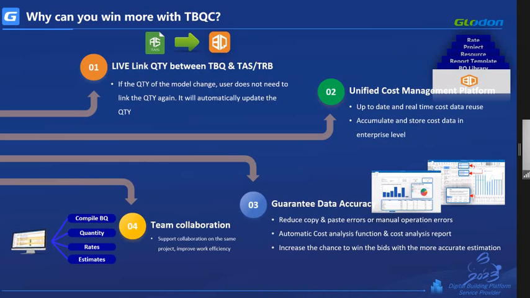The most important thing is that we can guarantee data accuracy, reduce copy and paste errors or manual operation errors, and automatically do the cost analysis function and cost analysis report. It can also increase the chance of winning bids with more accurate estimating.